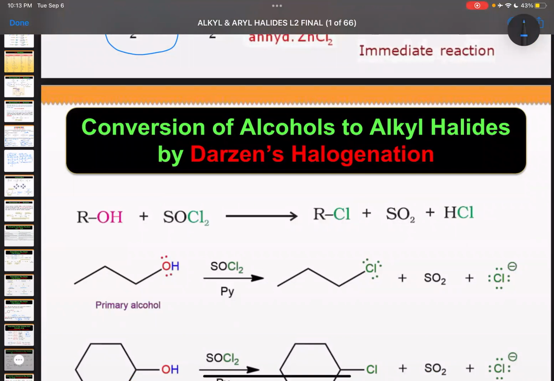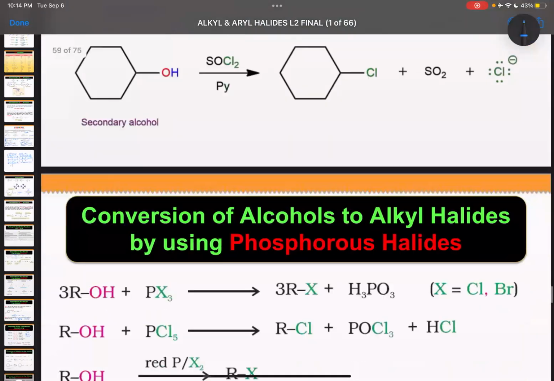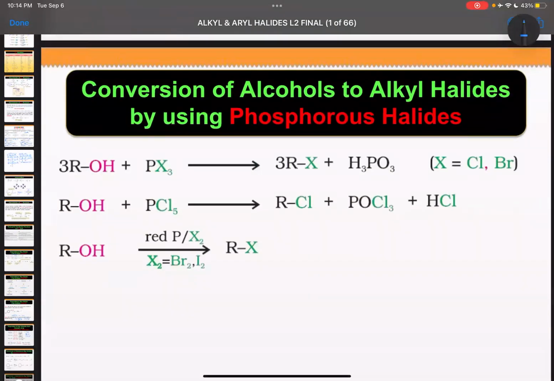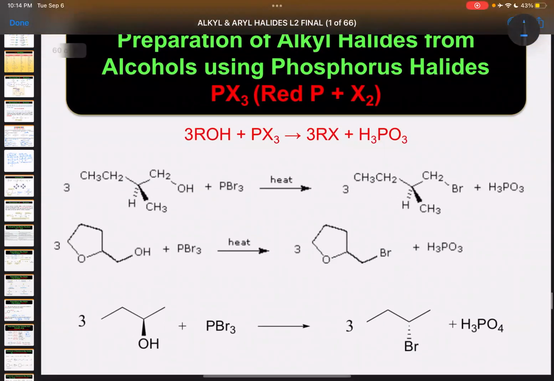Yes, sir. Okay. It is used to absorb HCl. And using phosphorus halides, yes, that is clear. But remember, all these reactions will never happen on aromatic alcohols.